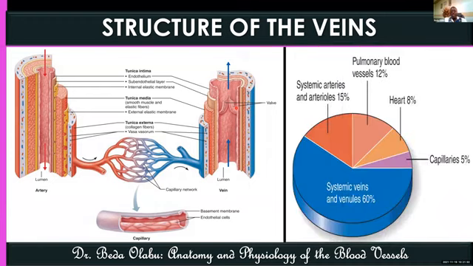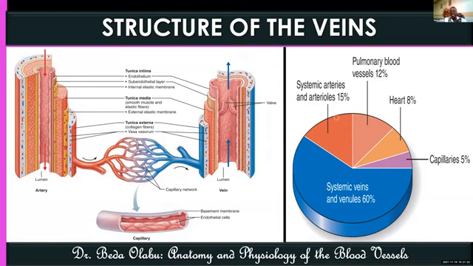Now, because of the wider lumen, veins tend to hold a lot of blood compared to the rest of the circulation. At any given time, about 60% to sometimes even 70% of the blood is in the veins.